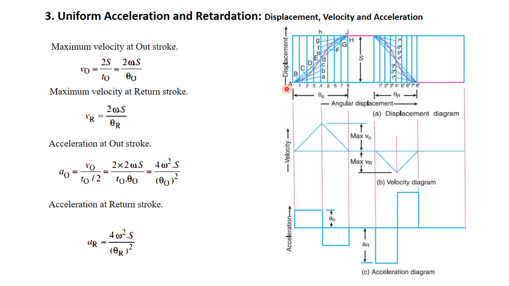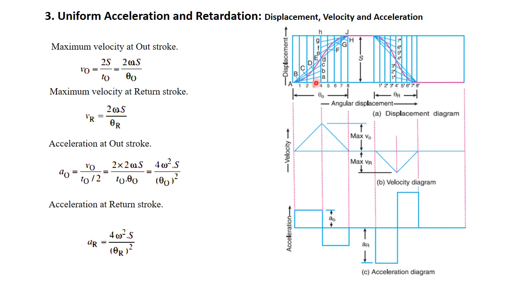Now this is the maximum stroke of the follower. Now we draw a rectangle completing this box. So total 360 degree is one cycle of a cam. It includes, for example, outstroke of some angle, then dwell for some angle, then return stroke for some angle, and then dwell for the next period.